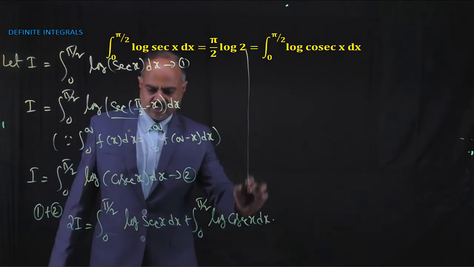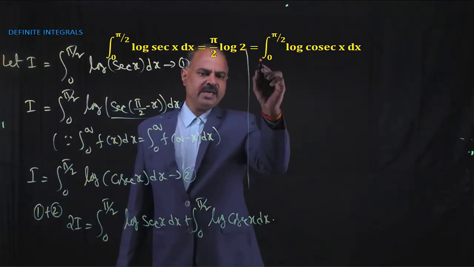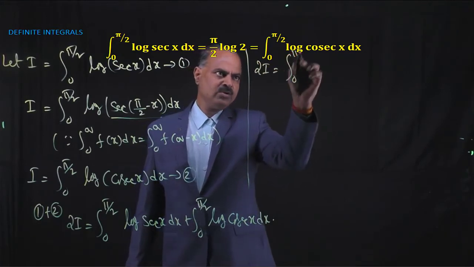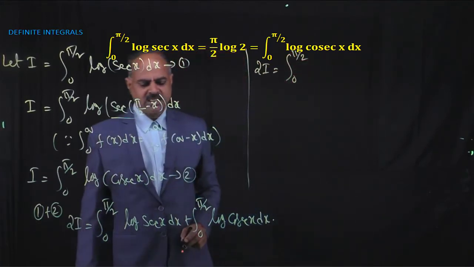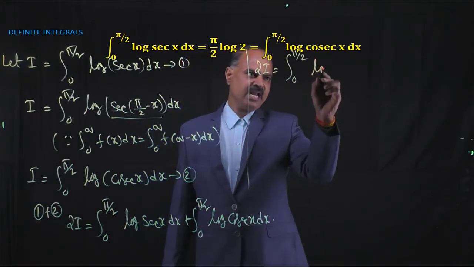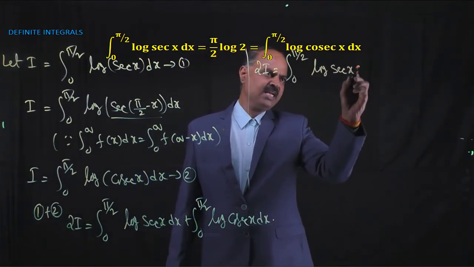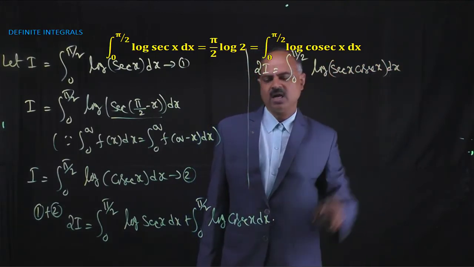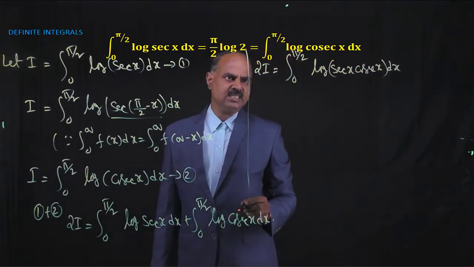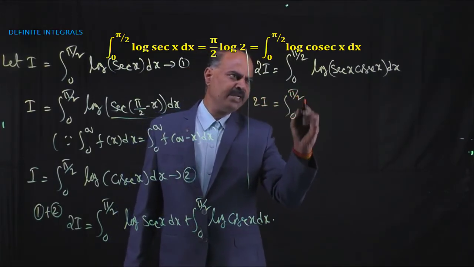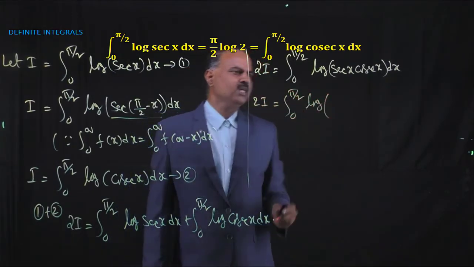Next, 2I is equal to integral 0 to pi by 2 of log secant x plus log cosecant x dx. This can be written as log of secant x into cosecant x dx.